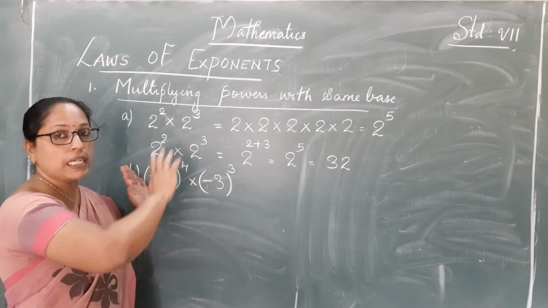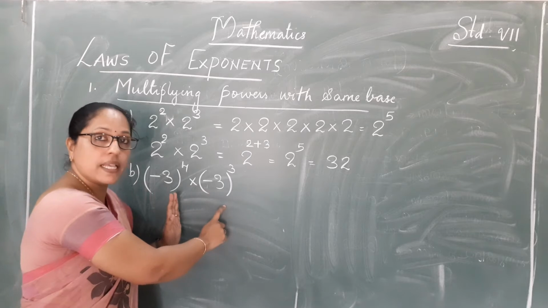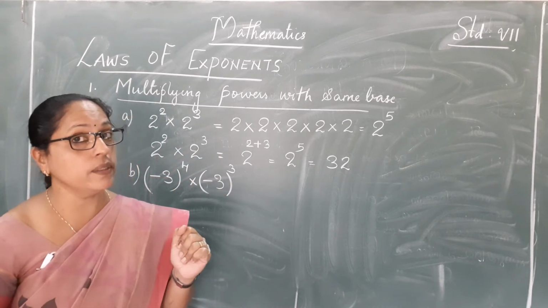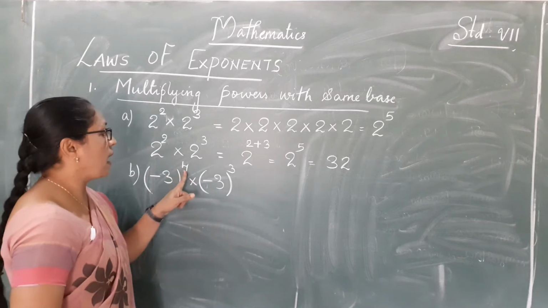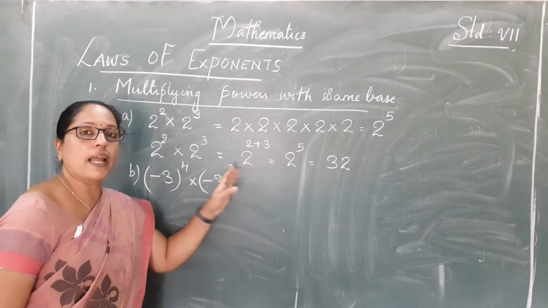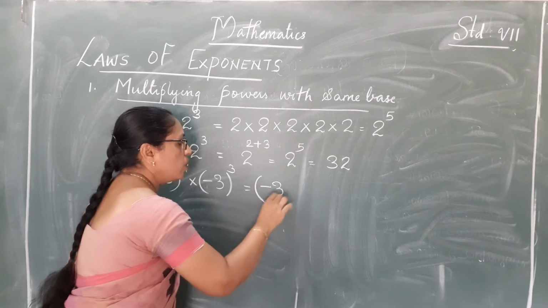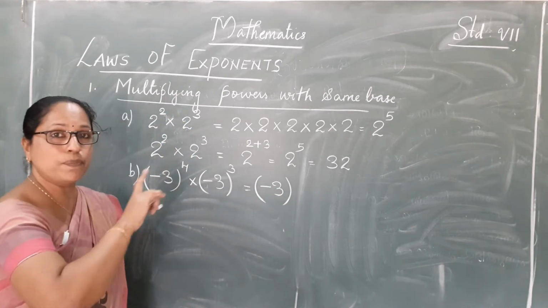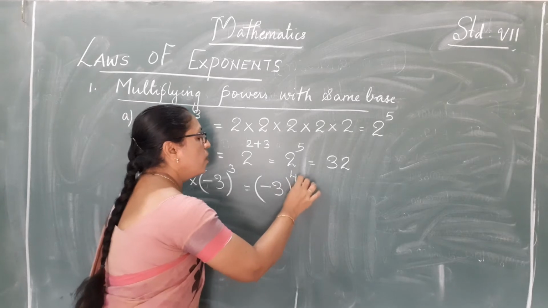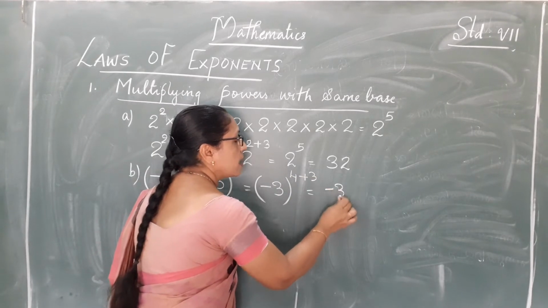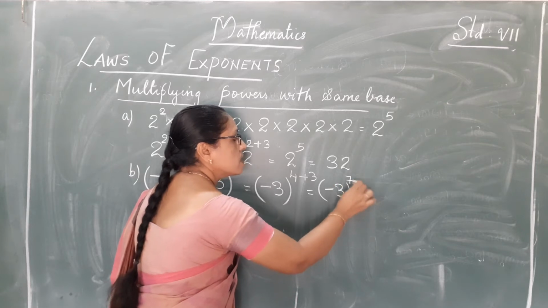So, multiplying powers with the same base. When the bases are the same, we simply add the powers. So we get negative 3 the whole raised to 4 plus 3, which is equal to negative 3 the whole raised to 7.